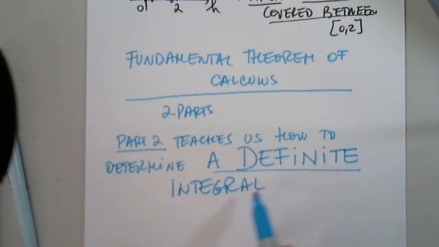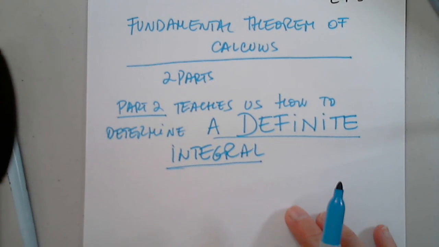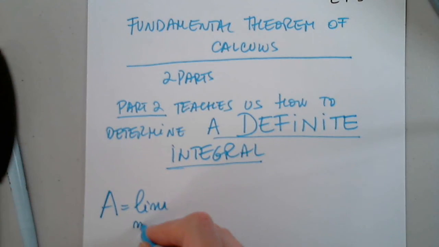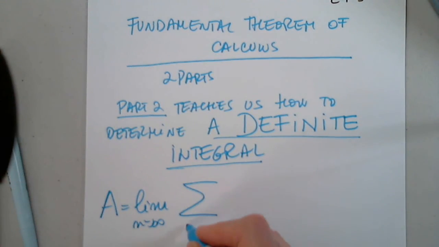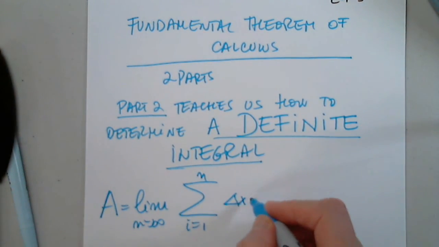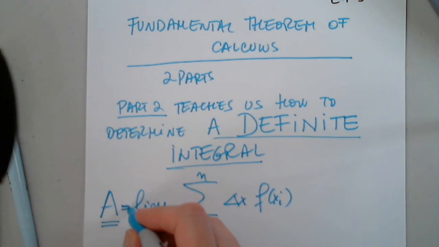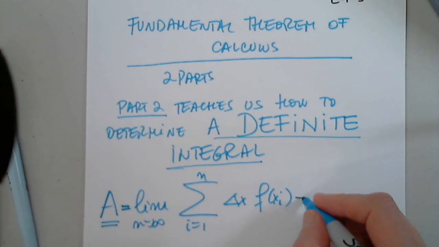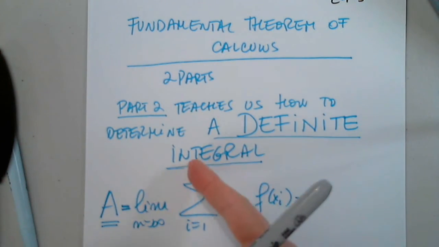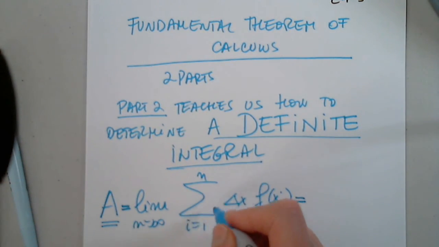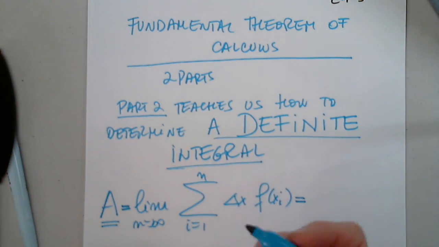What is that? What does it mean? Okay. So remember a few minutes ago we looked at the limit as n approaches infinity of the sum from i equals 1 through n of delta x times f of x i, and we know it's the exact, no approximation symbol, exact area. Okay, a definite integral uses the same symbol, but not the Greek letter sigma, but a stretched s. Still the same thing. It's still the sum.